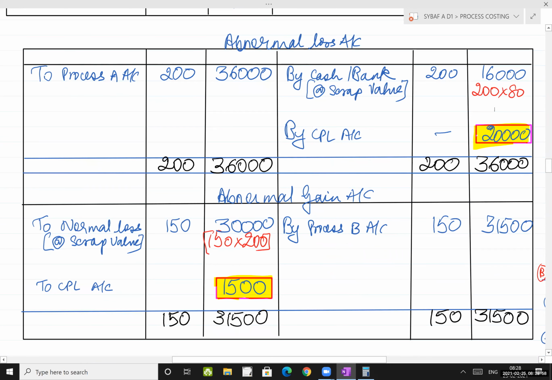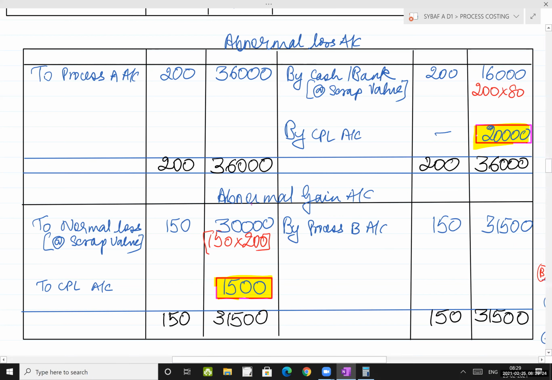Okay. Then abnormal gain. Again, same, no? Three entries. First, process account debit to abnormal gain. This was there in process B, so I am giving the second effect here. So the journal entry is process B to abnormal gain. Then you have to set off against normal loss at scrap value.